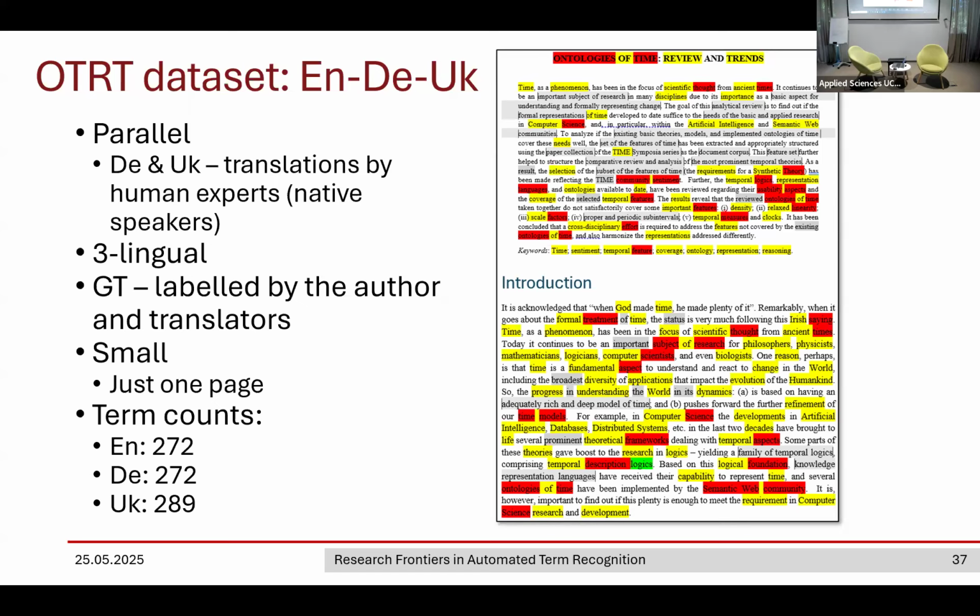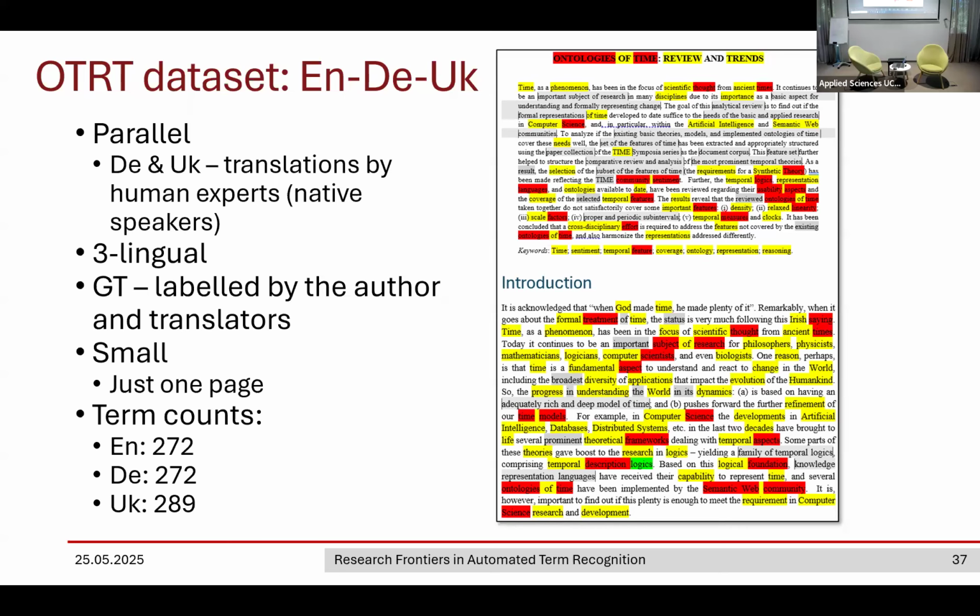So it is small because this is not a real data set for doing some cross-evaluation. It's more about initial feasibility testing of the software, to check if it does work correctly and to get some indicators of its performance. The term counts are for English 272, for German the same, and for Ukrainian slightly more, 289, which is comparable.